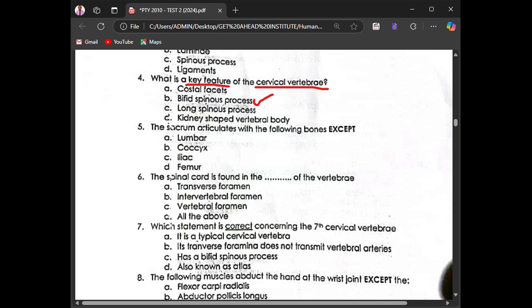Then you have the lumbar vertebrae, which is considered to be the largest, and not just the largest, but also the strongest vertebrae. Each spinous process is thicker and very broad, and it tends to project posteriorly.